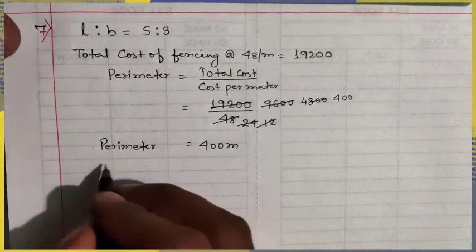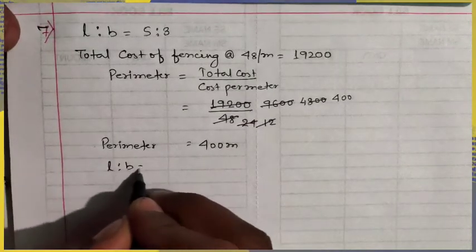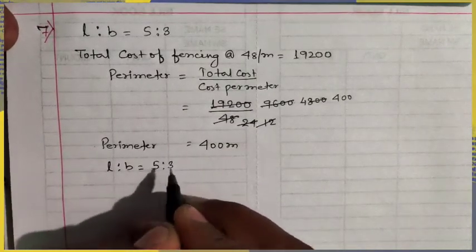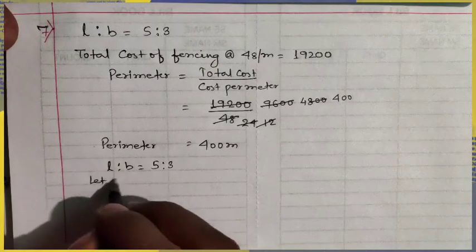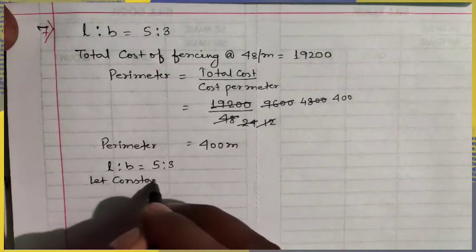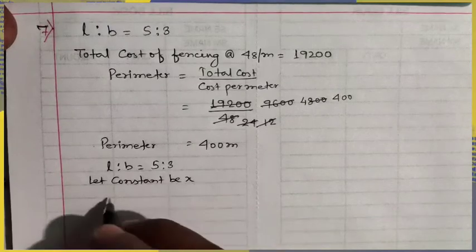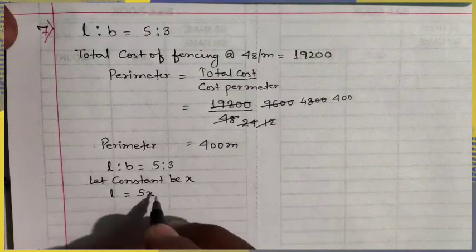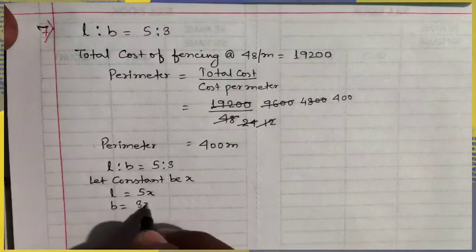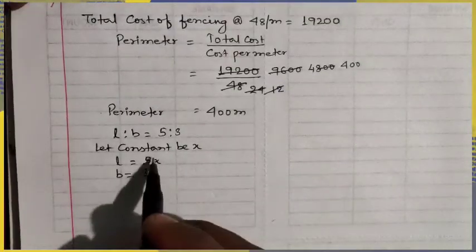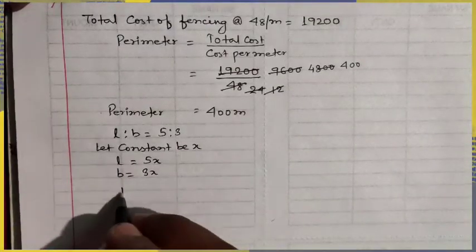Now as we have given earlier, that length is to breadth is equal to 5:3, we will assume a constant. Let the constant be x. The value of length will be 5x and the value of breadth will be 3x, and we will use these two values in place of perimeter.